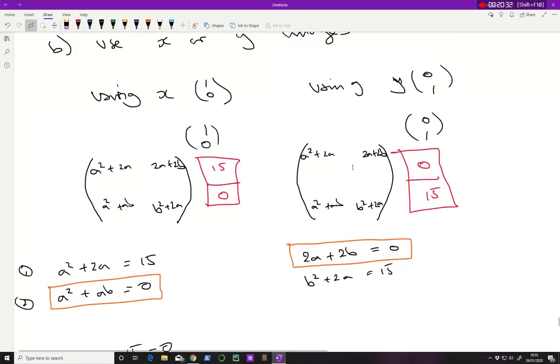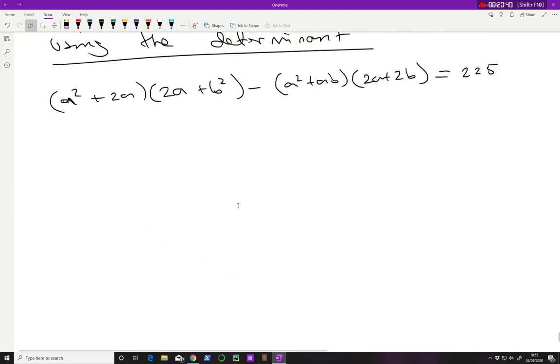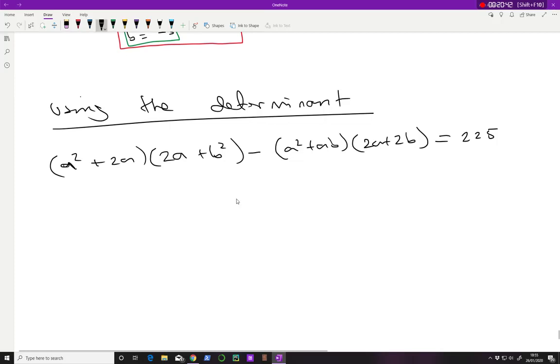This comes from the fact that when you do the transformation on the images, one of them is going to equal 0. That's just a fact of the mathematics. So I'm going to write 2a plus 2b equals 0, and that automatically brings this whole part of the equation to 0.